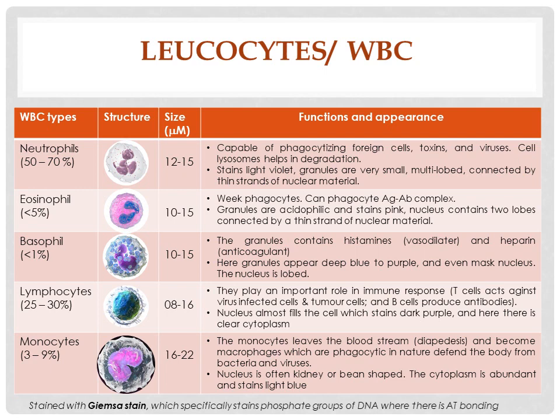And here the granules are acidophilic in nature, and hence with the Giemsa stain the granules will stain pink, and here also there are bilobed structures, and these two lobes are connected with the help of a nuclear strand. Next, coming to basophils.